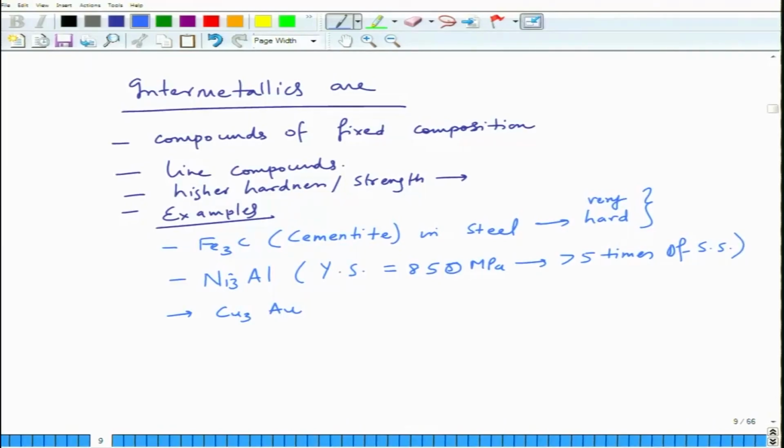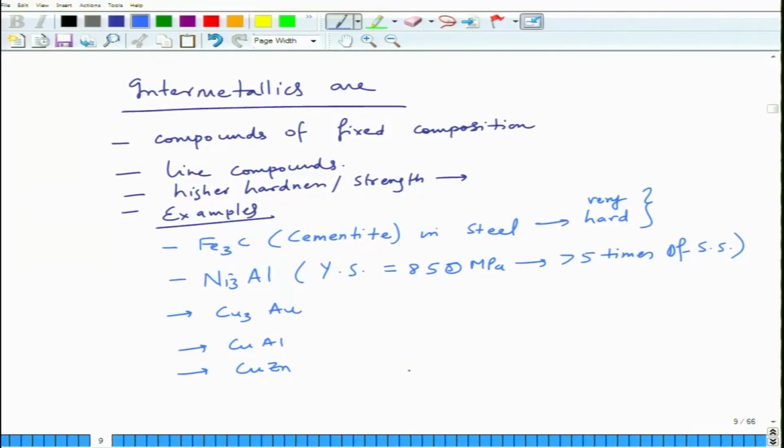These precipitates form in copper gold systems, and they again give rise to high hardness. There are a lot of other systems. You have things like CuAl, I showed you CuZn. All of these intermetallics of fixed composition have high hardness.